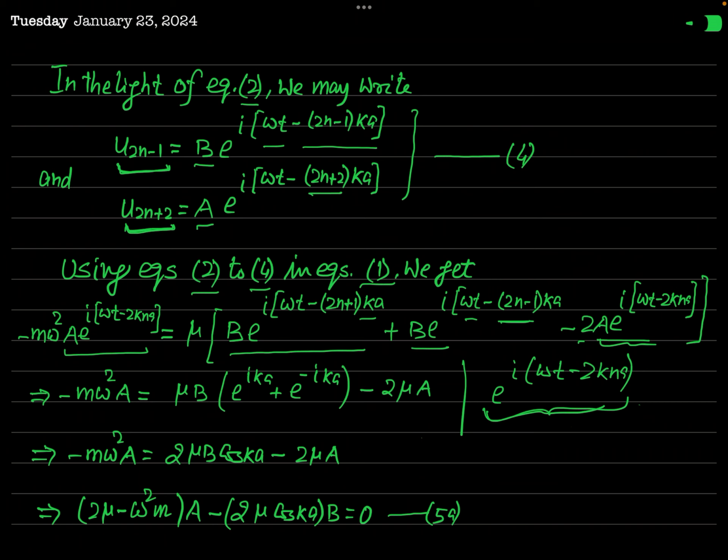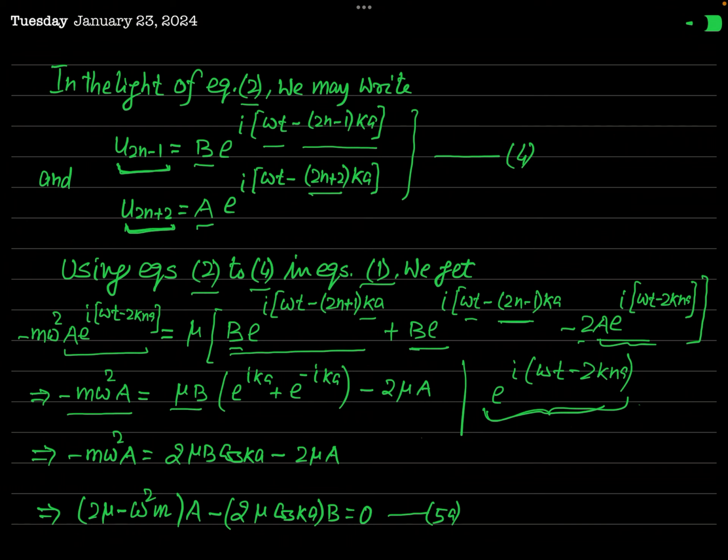So after the cancellation of this factor, what are the remaining terms? You can see these are minus m omega square a equal to, now in the first two terms of RHS, this b will be a common factor.